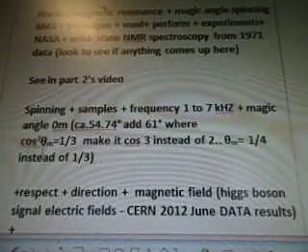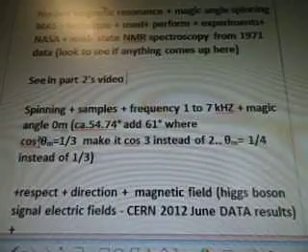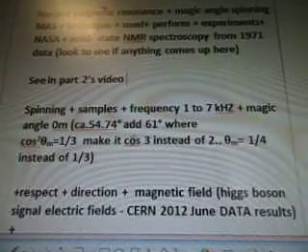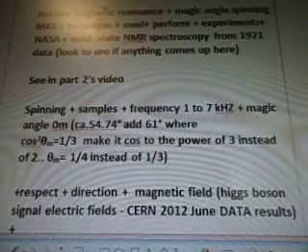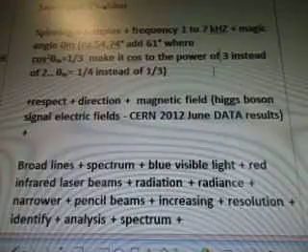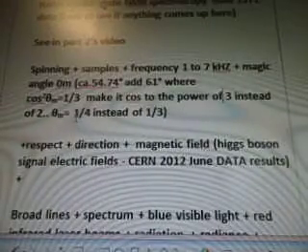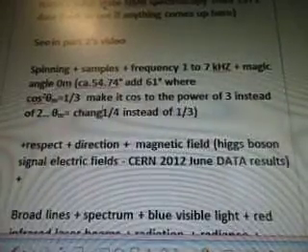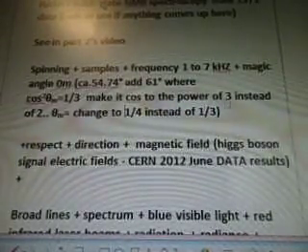Where cos 2 theta m equals 1/3, make the cos 3, cos to the power of 3, sorry, to the power of 3 instead of 2, and om equals 1/4 instead of 1/3. Okay, change to 1/4 instead of 1/3. Alright.